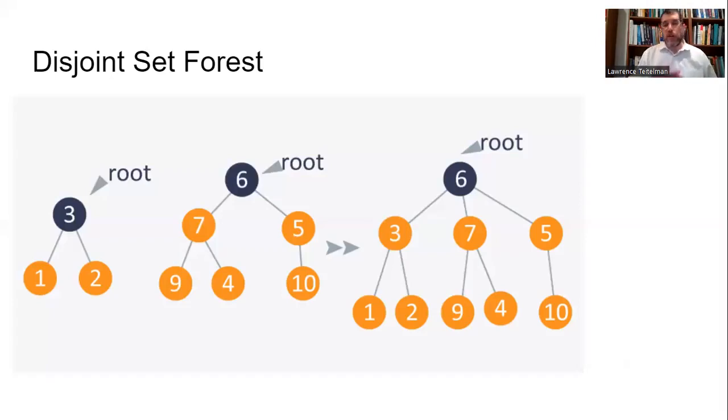There's a whole discussion, a whole science around how you merge these 2 trees, who becomes the root, and how the subtree fits into the new structure. Anyone know what we call that? We have a name for it. It doesn't appear on the slide. I believe there's an entire chapter on it in the ZyBook.